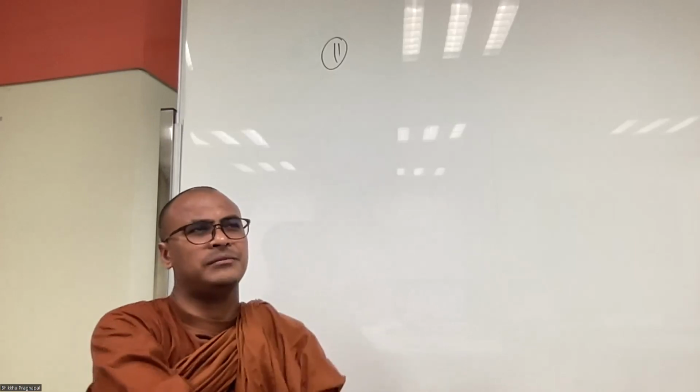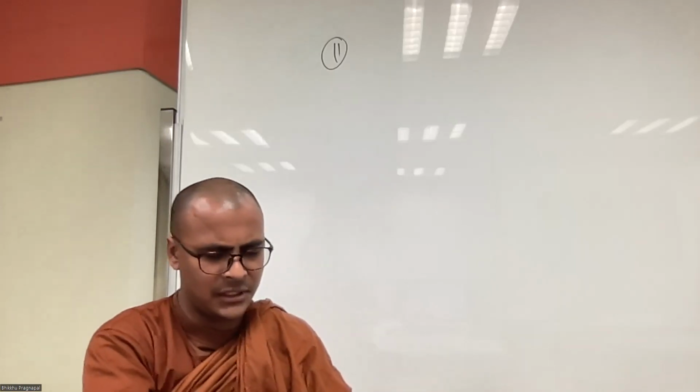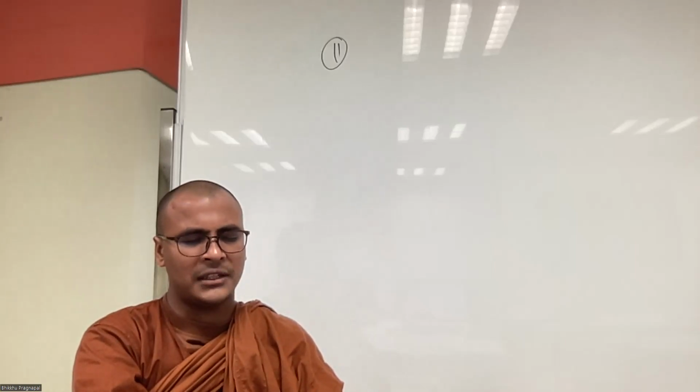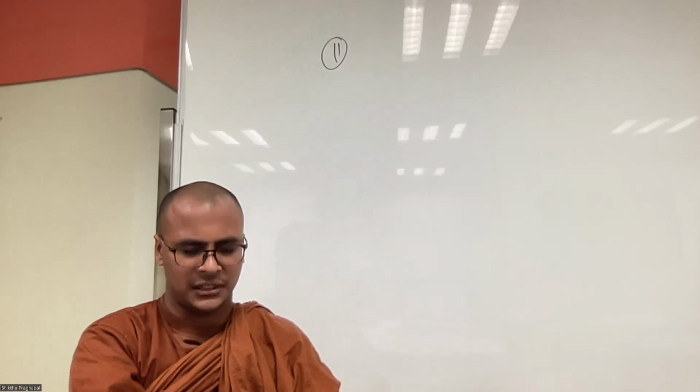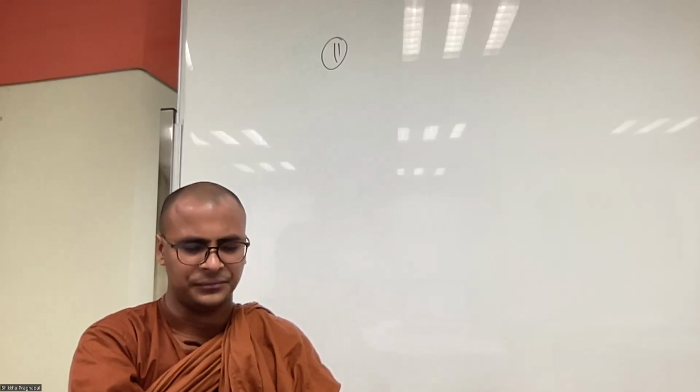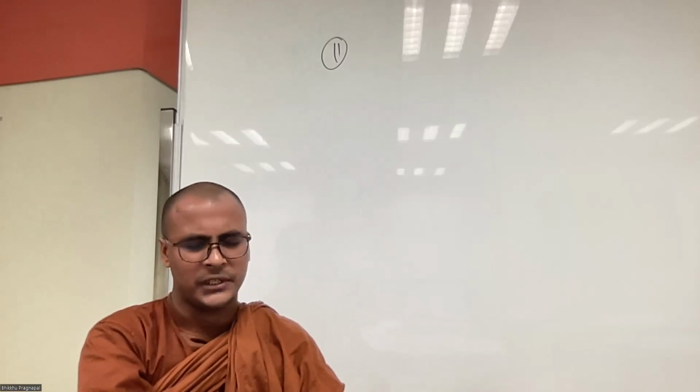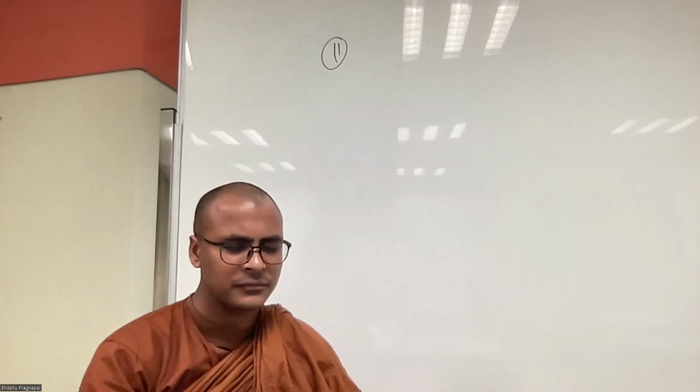For example, I forgot the name. He was the supporter of the other ascetics, the Niganthas. I think Ajivaka or something like this. He was the supporter of the others.